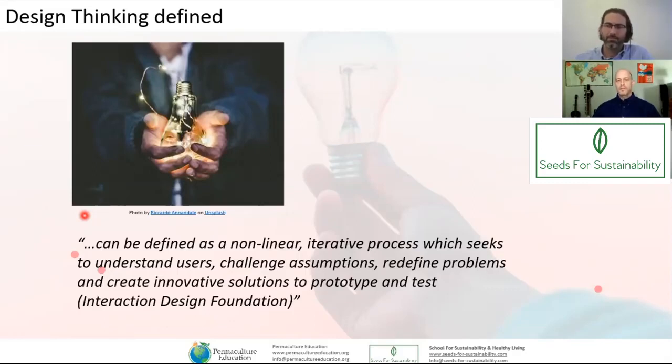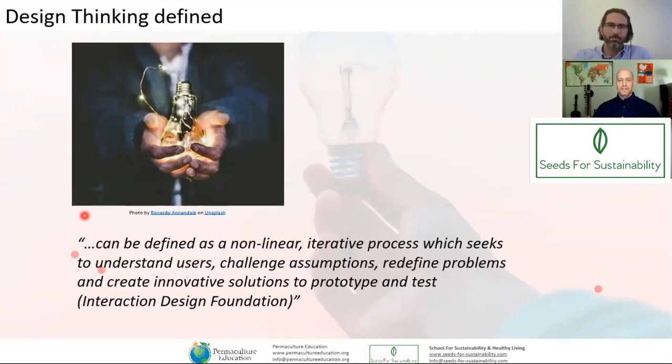Some problems require a different approach to the linear process of solving problems that corporations especially have historically used.